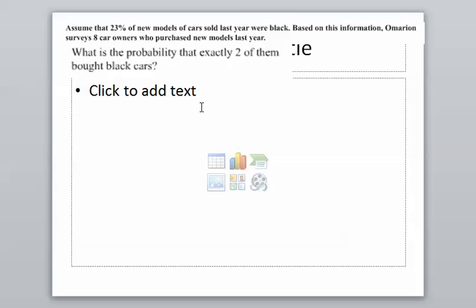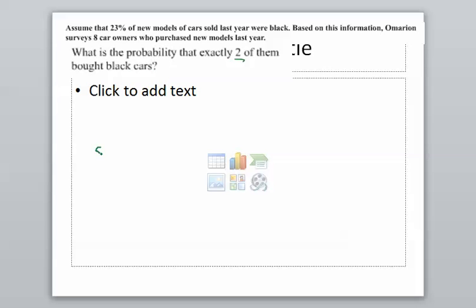Okay? Let's go look at another problem here. It says, assume that 23% of new models of cars sold last year were black. Based upon this information, Omron surveys 8 car owners who purchased new car models last year. What's the probability that exactly 2 of them bought black cars?